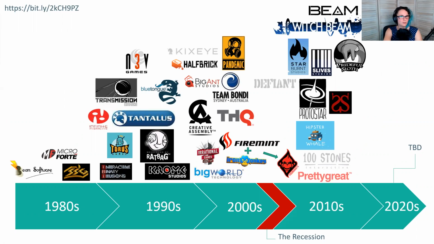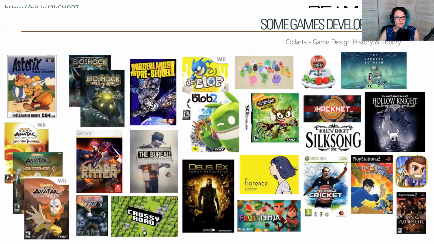Like THQ no longer exists, Pandemic, pretty much all of the ones before the 2008 recession. Protostar is also a friend of mine in Brisbane. They did a fish mobile game. Quite fun.